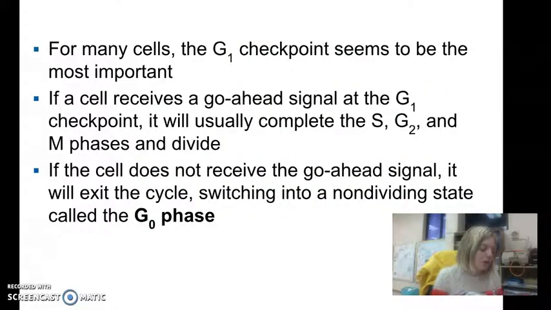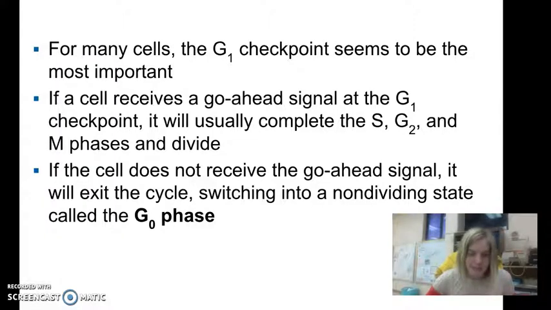So for most of the eukaryotic cells, the G1 checkpoint is known as the restriction checkpoint, and it appears to be the most important because typically if the cell receives the signal to go at G1, it will divide and complete all the other phases normally.